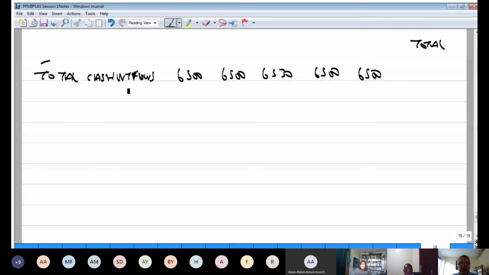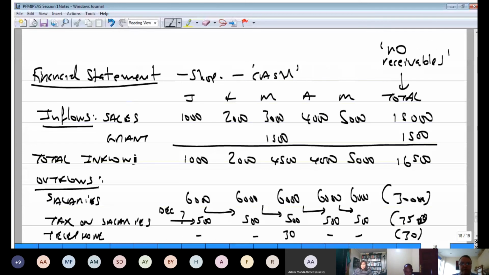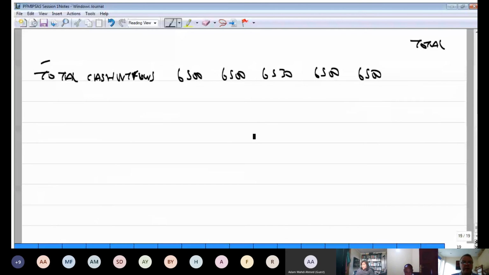Okay, total cash flows. Now then, we've got our inflows here. These are our cash outflows. What we now need to do is work out the difference between the two. So then we're going to have something called net, which is the difference, net cash flow.